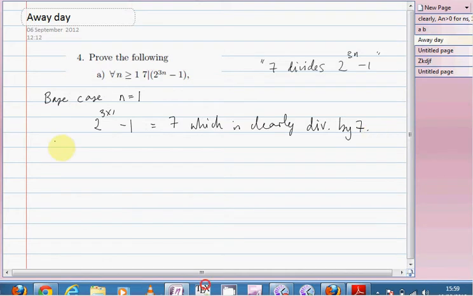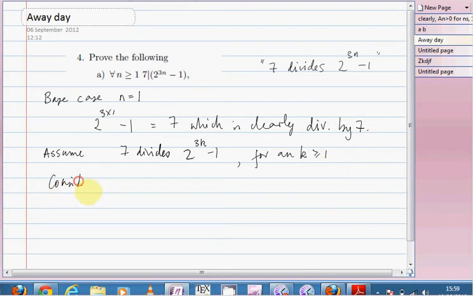So now we make the induction hypothesis, which is that we assume that 7 divides 2 to the 3k minus 1 for an integer k greater than or equal to 1. And now we need to examine the follow-on case when n is equal to k plus 1.